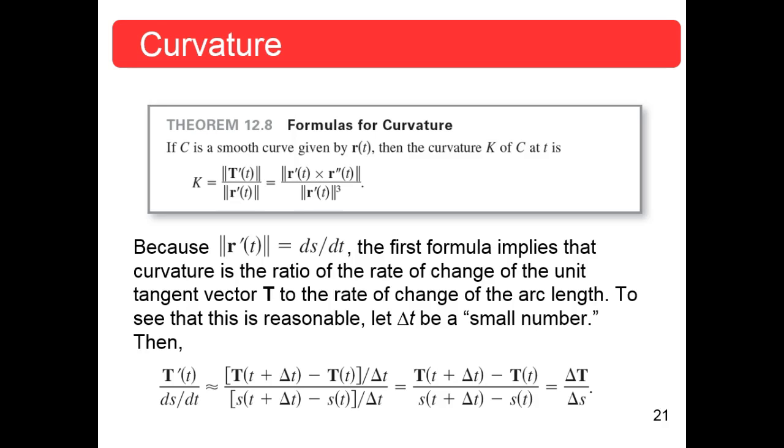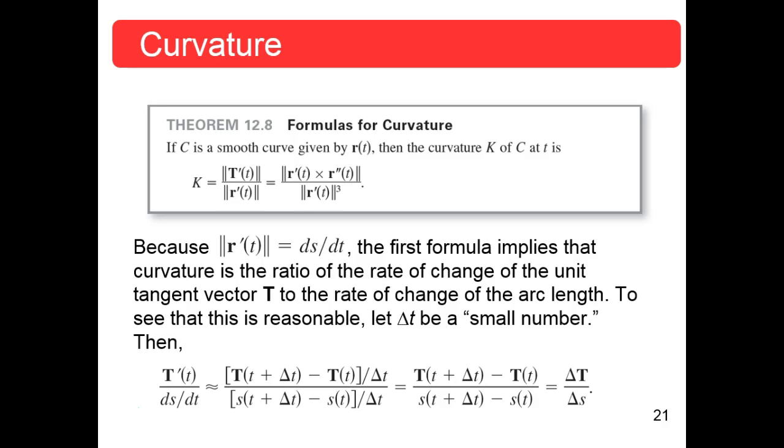To see that's reasonable, let delta t be a small number. Then T prime, the first derivative of the unit tangent vector as a function of t, divided by ds/dt, which is your speed, would be approximately the unit tangent vector evaluated at t plus delta t minus the unit tangent vector at t, divided by delta t.